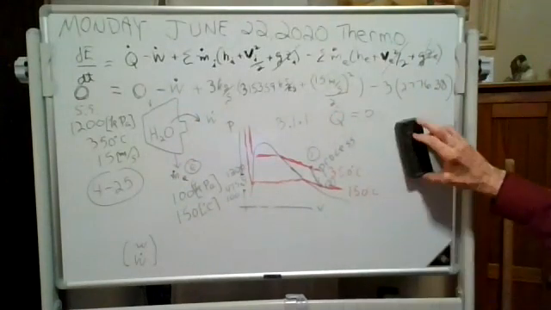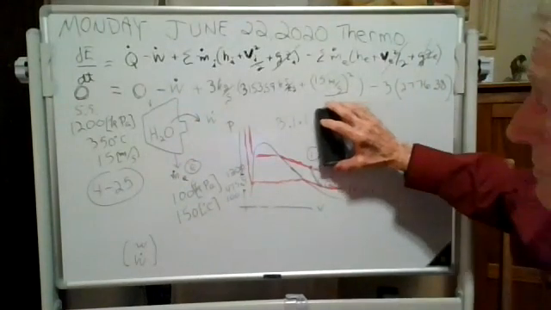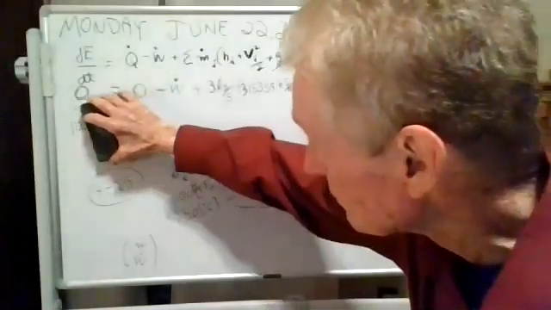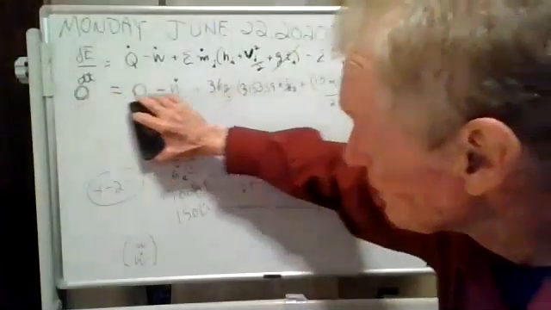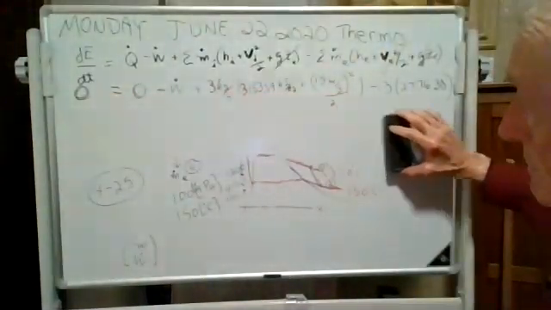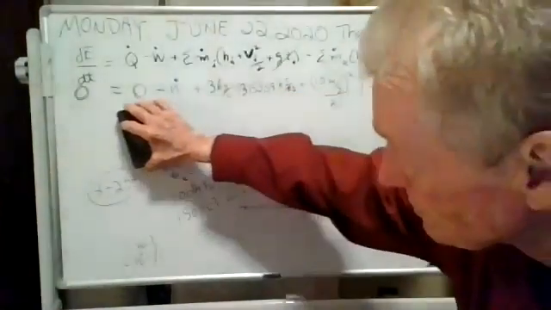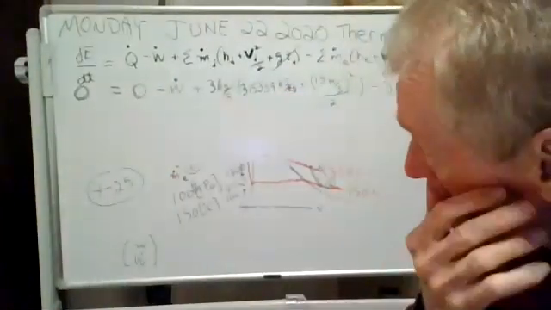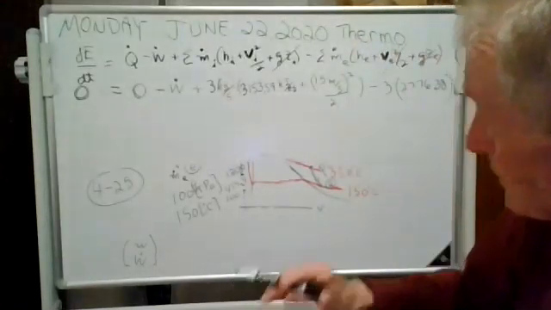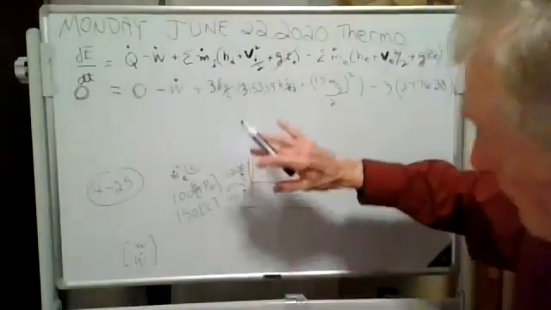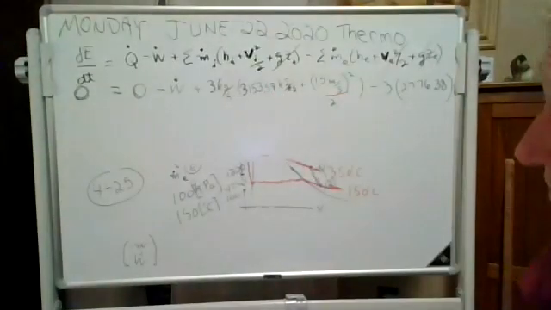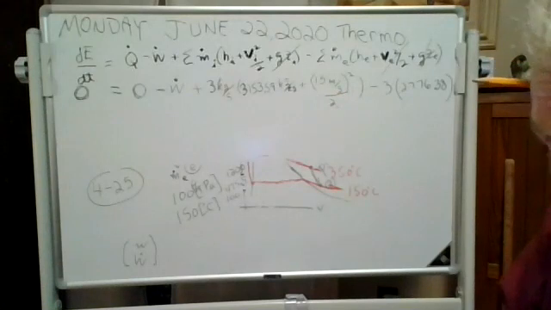It's a turbine. It happens to have water in it. Steam, we're talking about steam, really. Now here's the problem. This is kilojoules per kilogram, and that's meters per second squared.